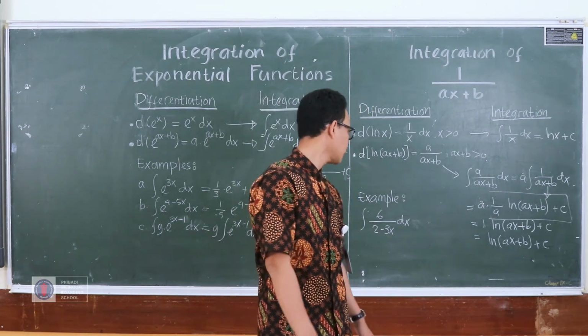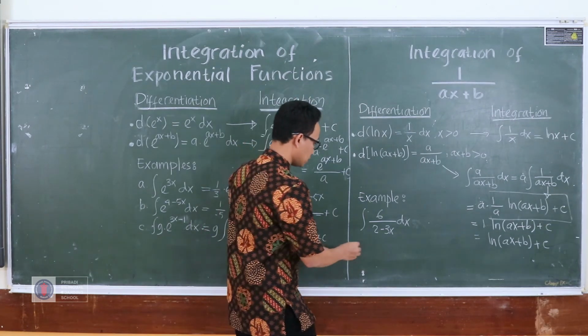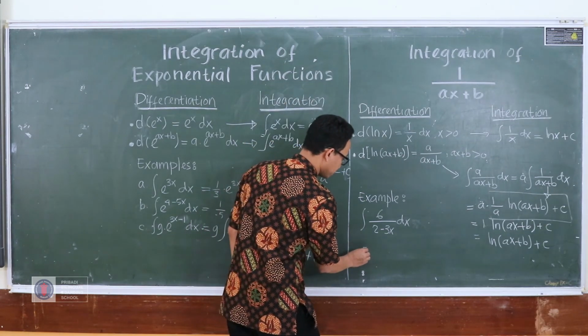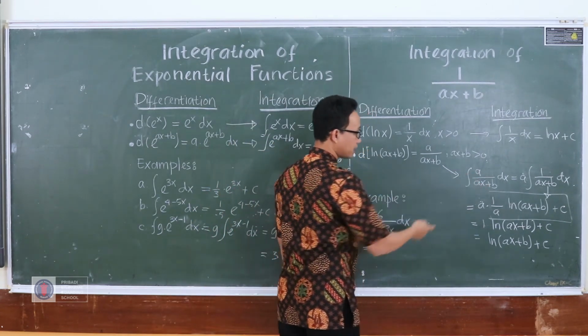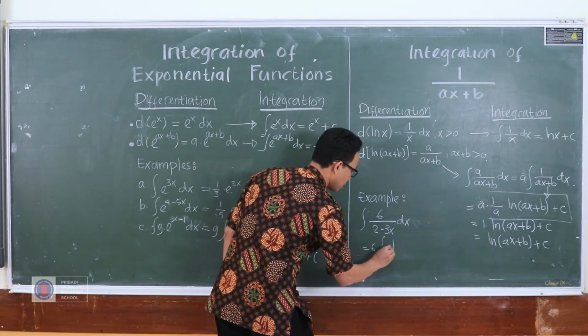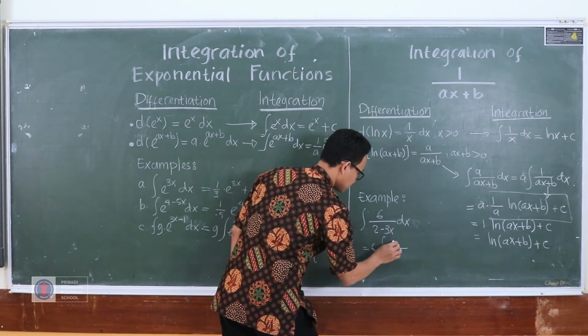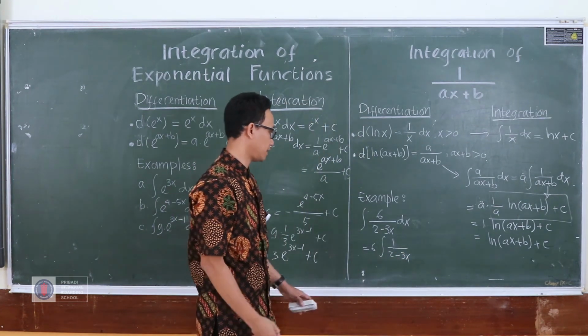So one example to make it more interesting. How about if we have this? Again, the same, we have a over ax plus b. So you just take 6 out and then we have 1 over 2 minus 3x.